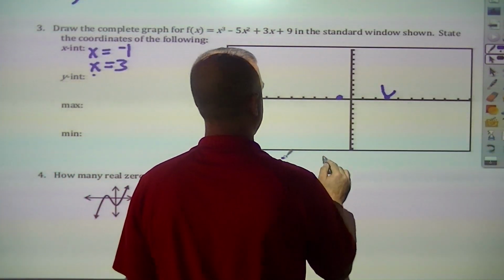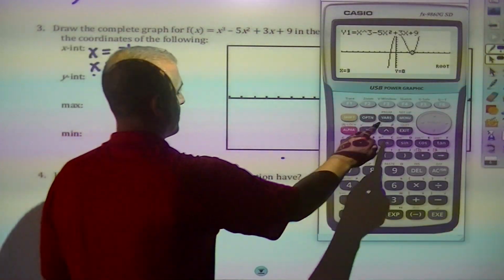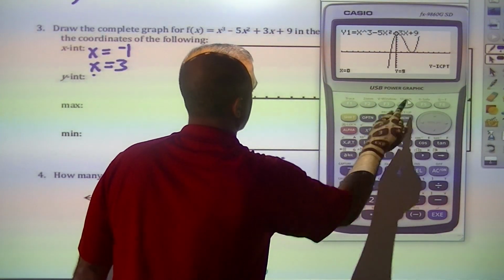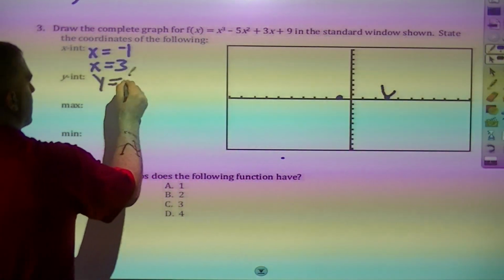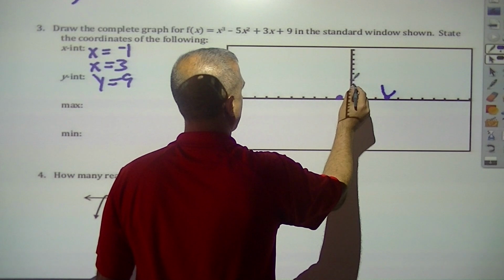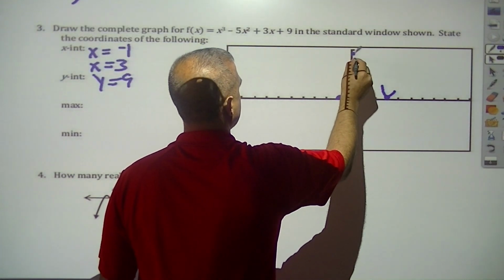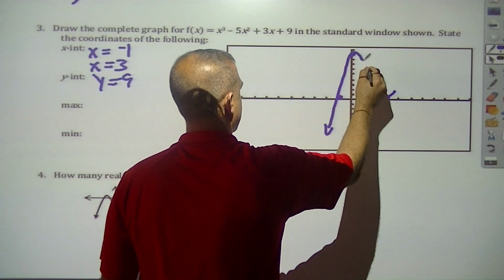Okay, all right. I'll get the y-intercept. G-solve y-intercept. Y-intercept would be 9. So the graph looks like this.